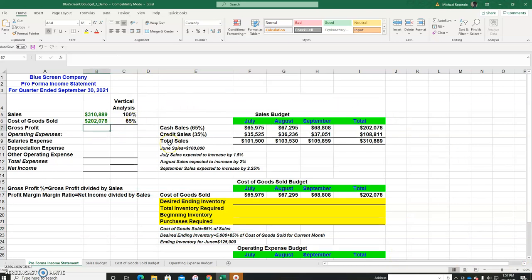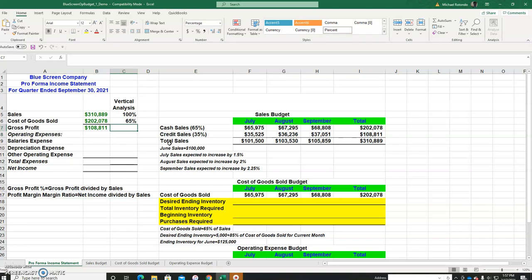Now, as far as the gross profit, we've done this before, right? Earlier in the course, sales minus cost of goods sold equals gross profit. So the 310,889 minus the 202,078 will give us 108,811. So that's our gross profit.